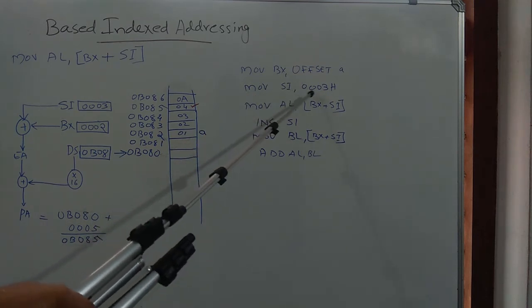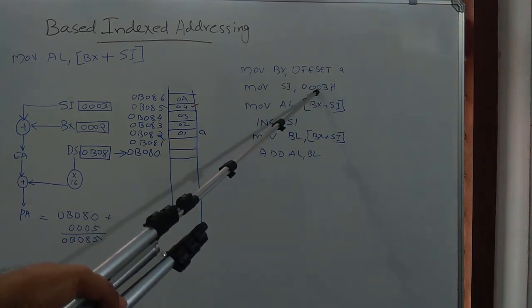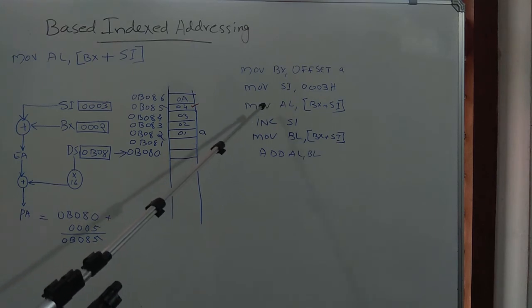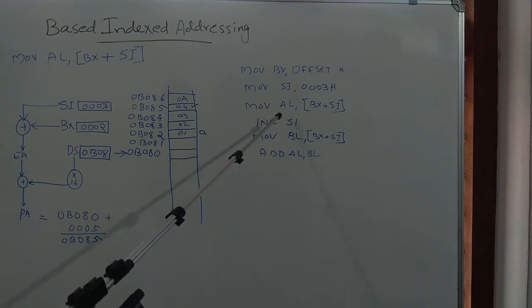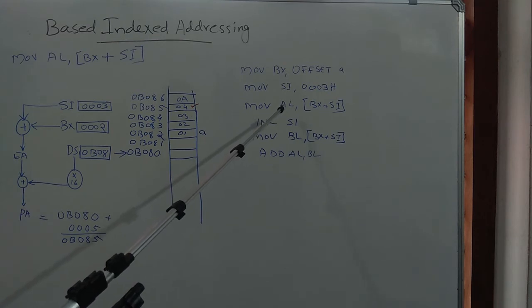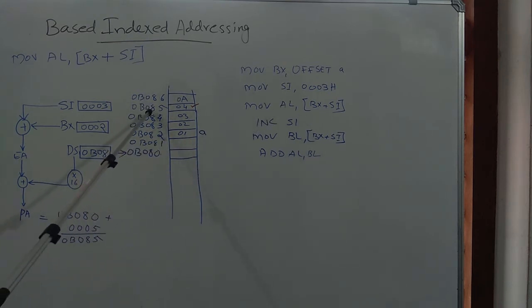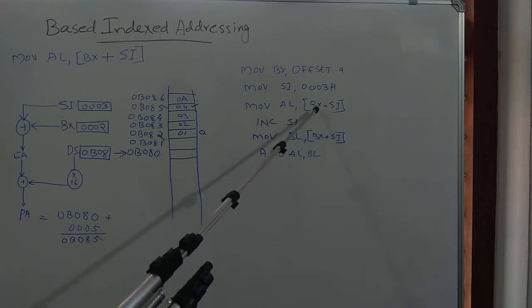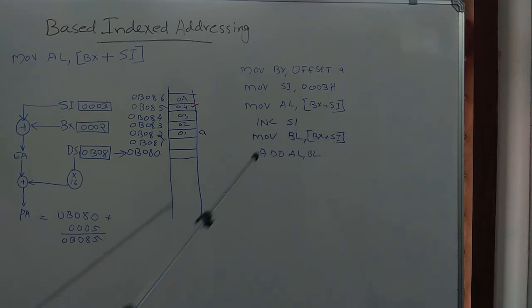MOV SI, 0003. This is the immediate addressing mode. Then you can move the content of the location 0B085 using the instruction MOV AL, [BX + SI]. Now 04 is loaded in the AL register.